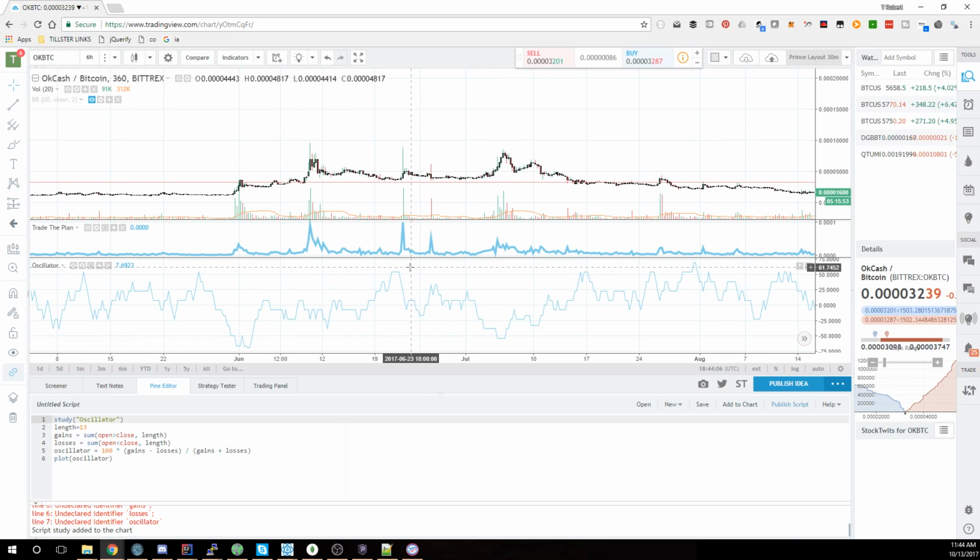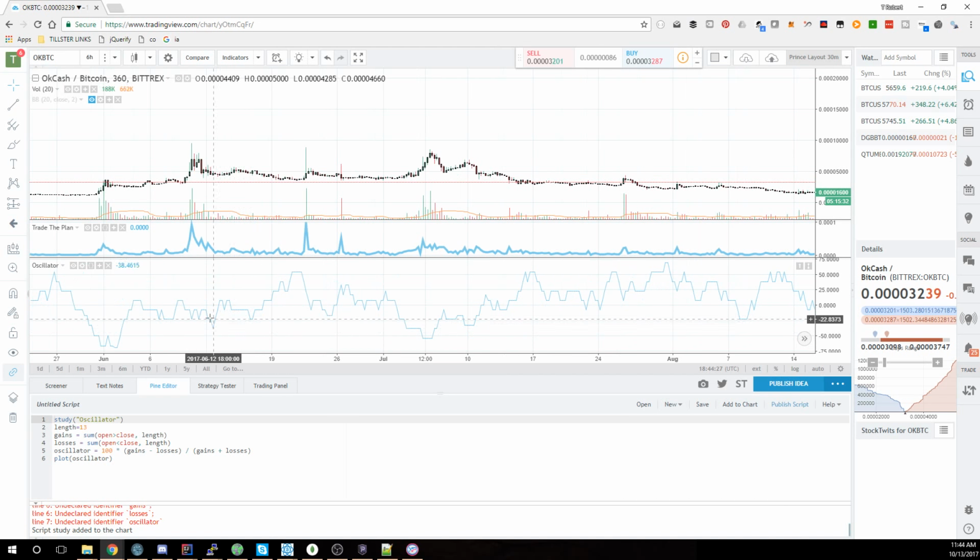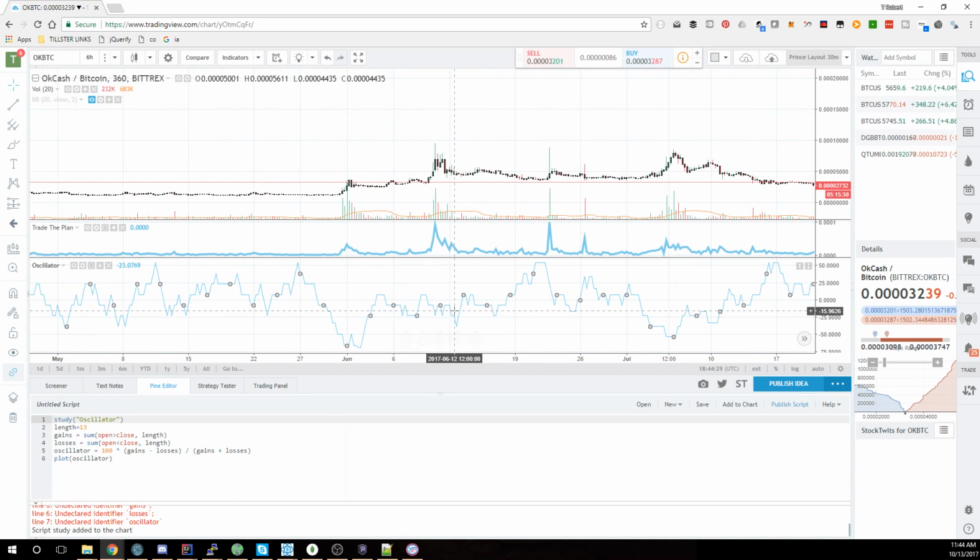So this is our oversold, and this is our overbought. Excuse me, other way around. No, it is right. No, overbought, and this is oversold. Coming down, we've done too much selling here, and did I get this backwards? This sure looks backwards to me. Yeah, I feel like I got this backwards.